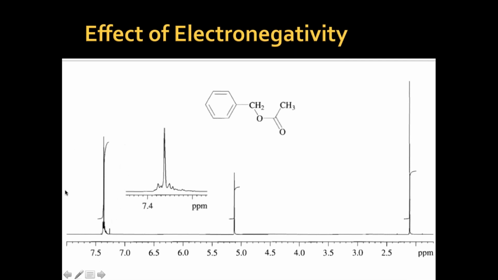Now what is the next huge set of peaks? If I expand here, you can see the expansion. You have multiple peaks. This belongs to the aromatic phenyl ring. So we have to understand one thing. I was telling you a couple of slides before that I will explain how to interpret or see NMR quickly.